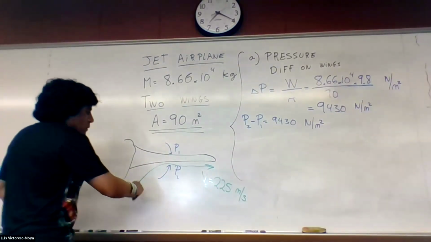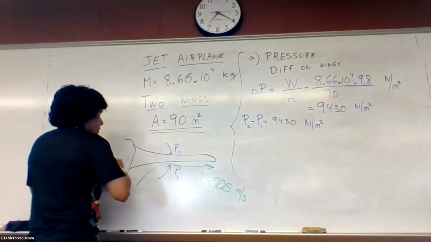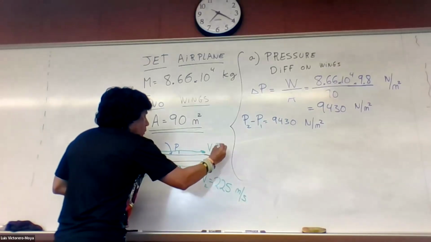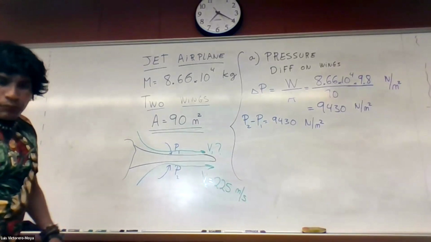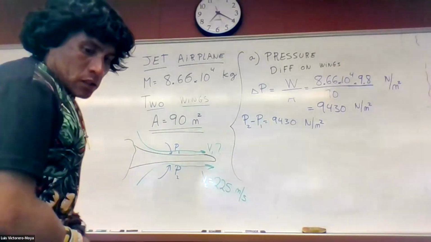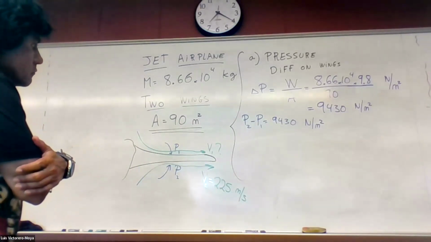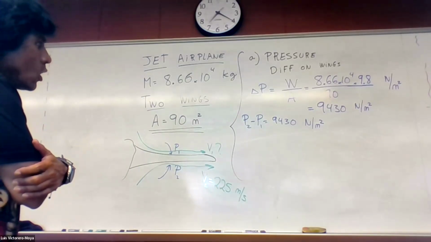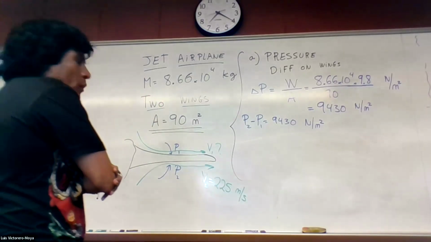Okay, so if the speed of air at the bottom is that, you want to find the speed of air on the top. They don't tell you, but with the pressure difference, you can ignore the thickness of the wings.